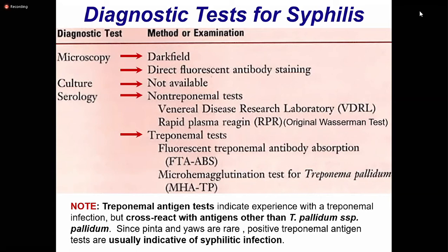Very expensive, not available. So usually we screen by non-treponemal test, and if positive, we do the treponemal test. Two important tests are the FTA-ABS, fluorescent treponemal antibody absorption, and the microhemagglutination test for Treponema pallidum. These are the serological tests in the case of Treponema pallidum.